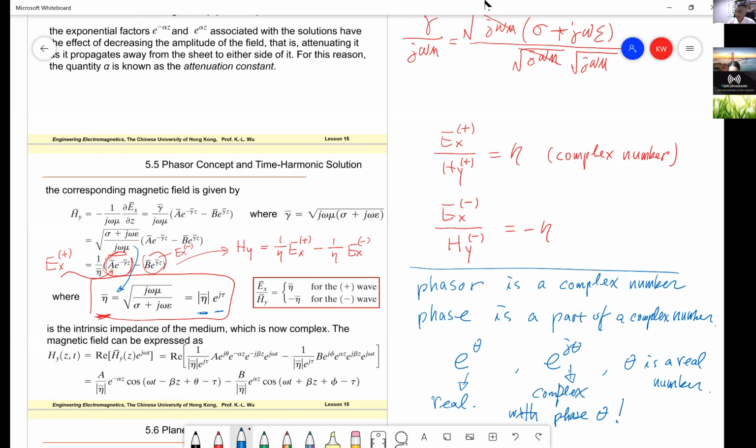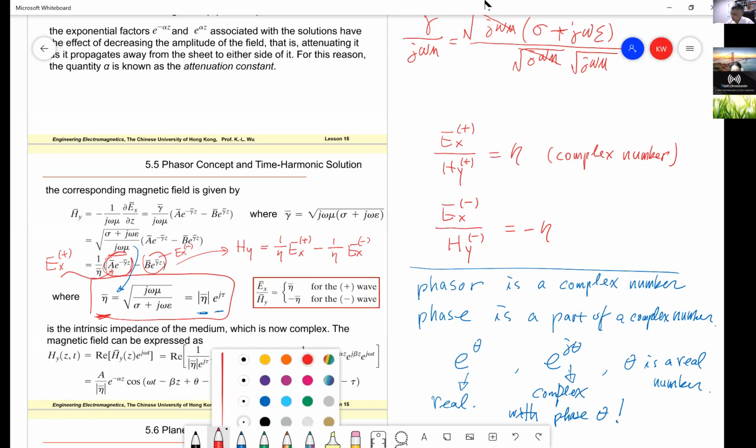Do you see? We call it a phase only when we have the exponential. If you don't have it, you don't have a phase. Even if you have something here, this is not a phase. The phase is somewhere here.